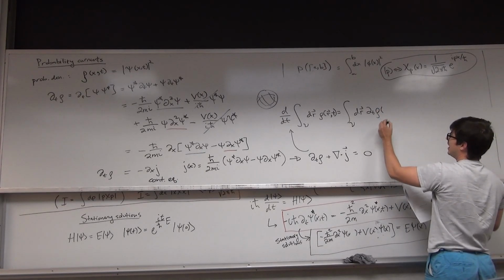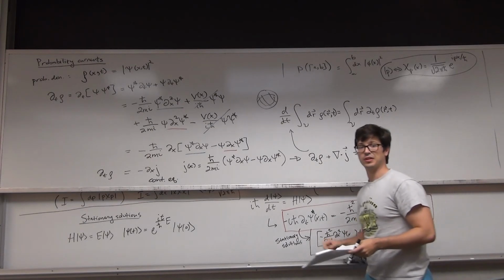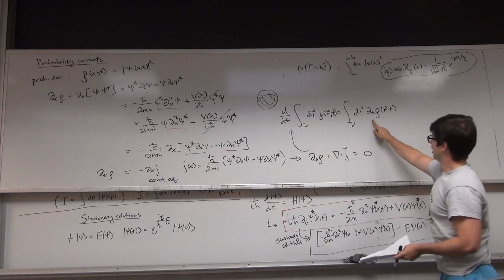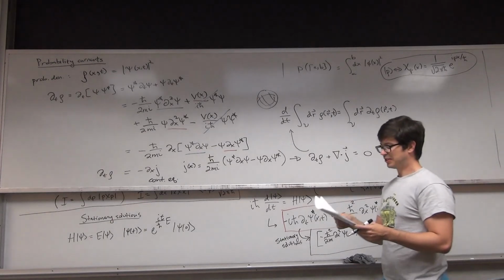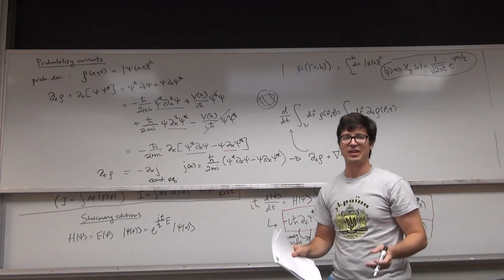That has to be equal to that, because the only time dependence is in the time dependence of rho. There's no time dependence in this R. So that's true. And what is this thing? If we look at rho inside this volume, you can think of it as a mass of fluid or something.